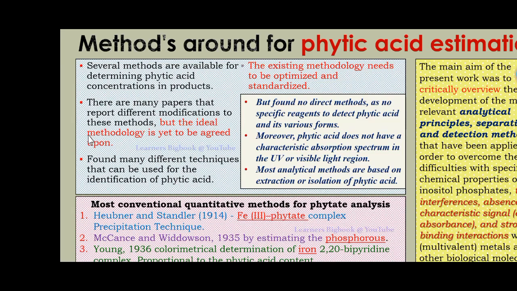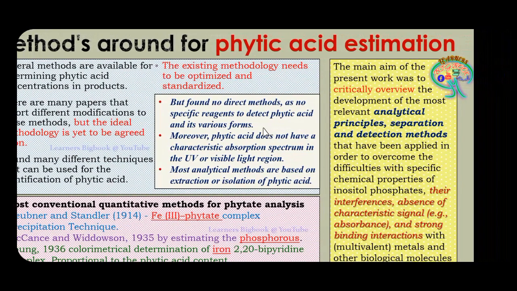There is no ideal methodology agreed upon. There are many different techniques that can be used to identify phytic acid. As I have said, the existing methodology needs to be optimized and standardized. The need for optimization and standardization is very much there.